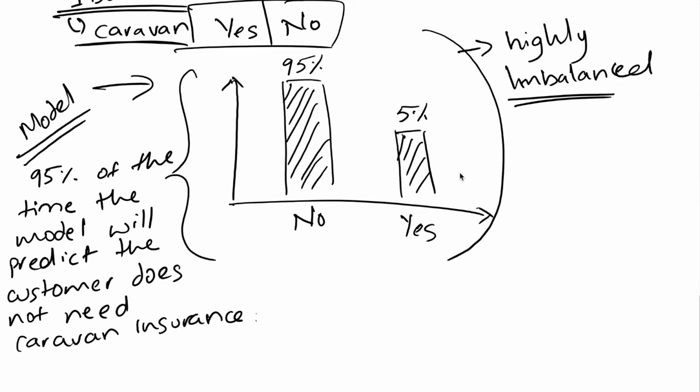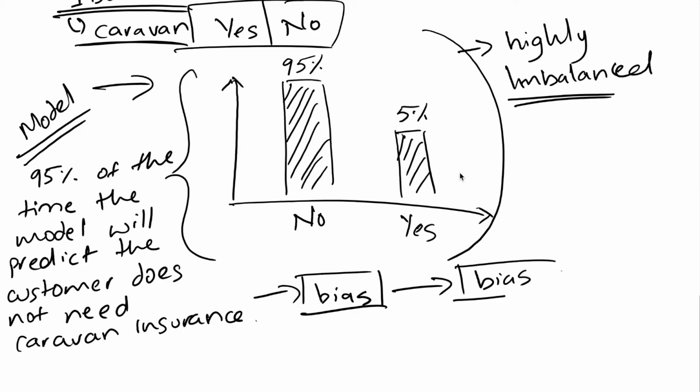And this is not a true representation of the model because this model is biased. So when you're modeling, you need to eliminate any source of bias in your data set. So that is the reason why we are not going to go forward with this 95 to 5% split.